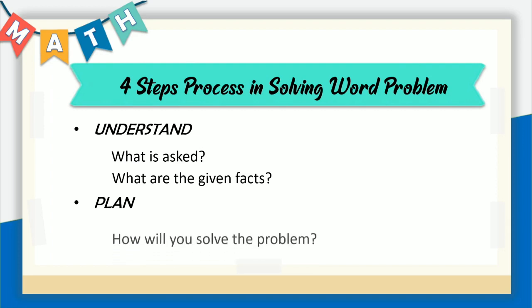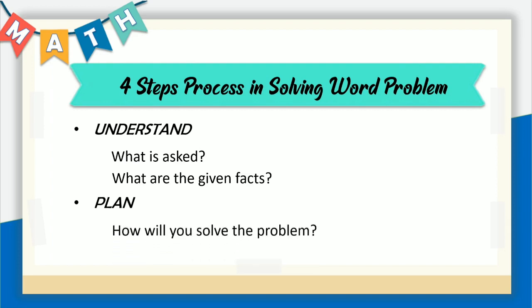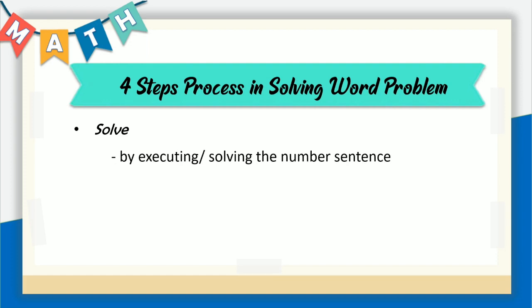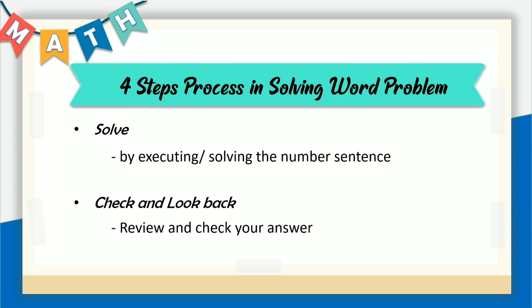We will plan on how to solve the problem and identify the operation to be used, then write the number sentence. Next step is solve it. In solving it, we just execute or solve the number sentence. Then, we check and look back by reviewing our answer.